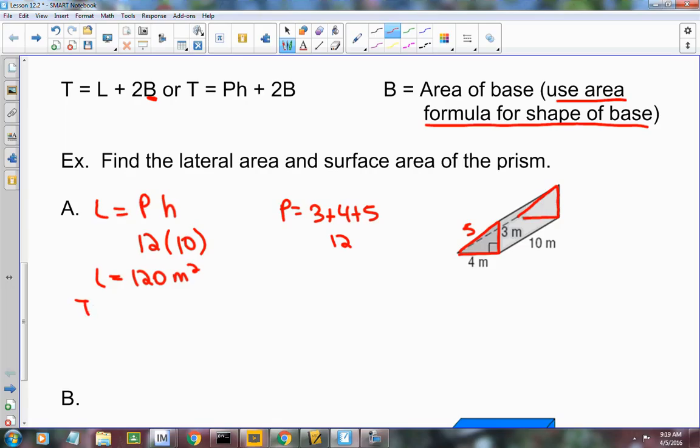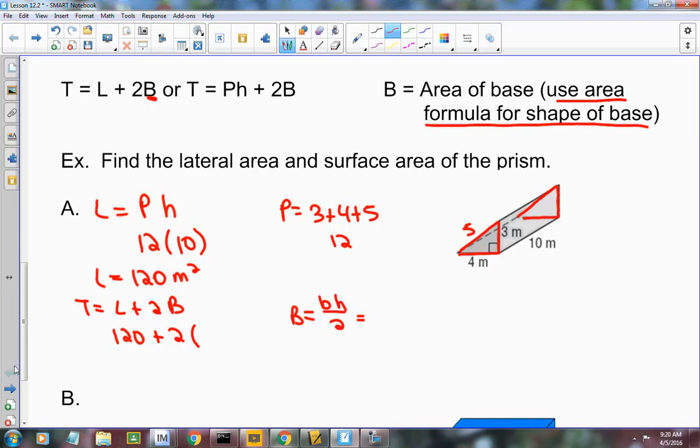Now, my total surface area is the lateral plus 2 times the area of the base. We already found the lateral will be 120, and it's going to be 2 times whatever we find the area of the base to be. And remember, we said it was a triangle, right? What's the formula for the area of a triangle? Base times height divided by 2.